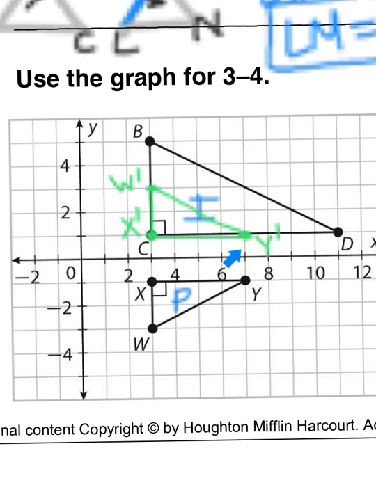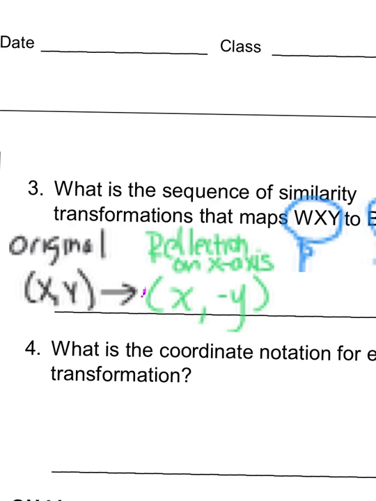Same thing with my Y. It was 1 space away from the x-axis, so if I move up from the x-axis 1 space, I end up at Y prime. So now my green triangle is the first transformation in the sequence. Coming back to my problem and getting ready to write my sequence of similarity transformations, I started off with my original point.